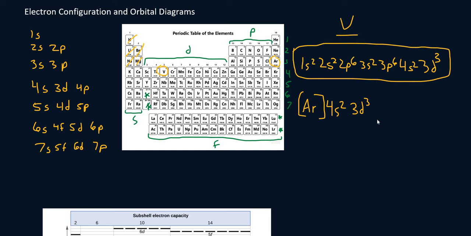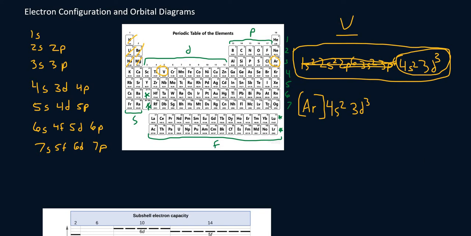And this is the condensed electron configuration, because it basically cuts out all of this and just leaves us with the final piece. So the condensed electron configuration can be very useful for those bigger elements where you don't want to write out all of those electrons that just sort of seem pointless to write out.